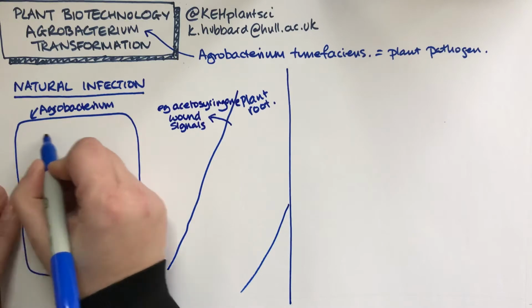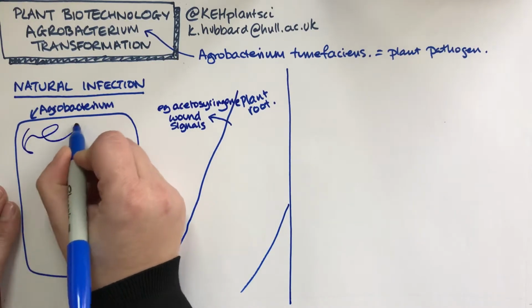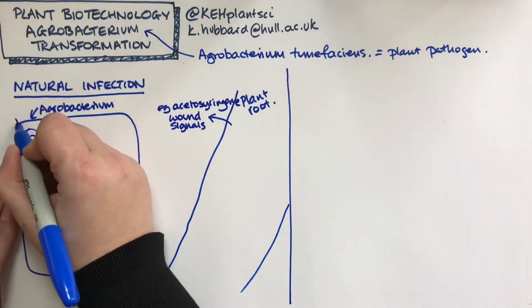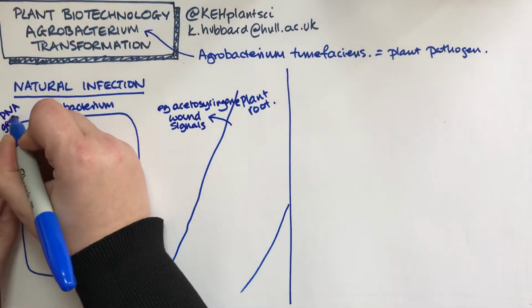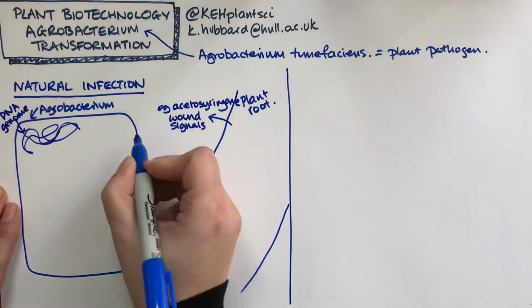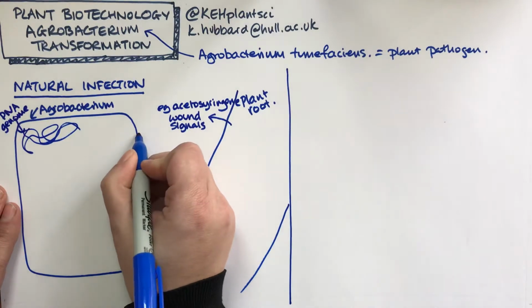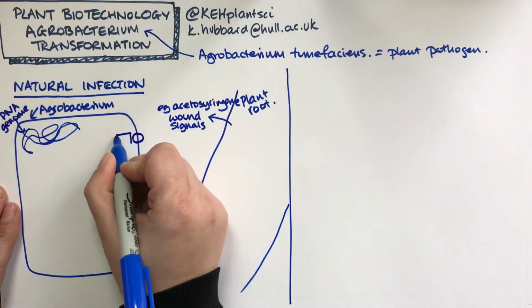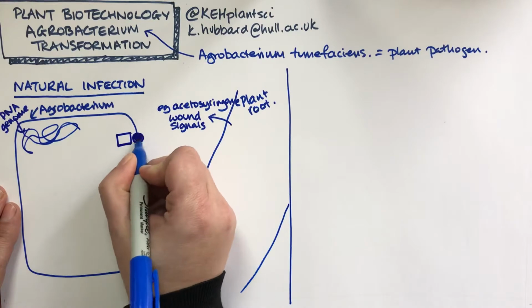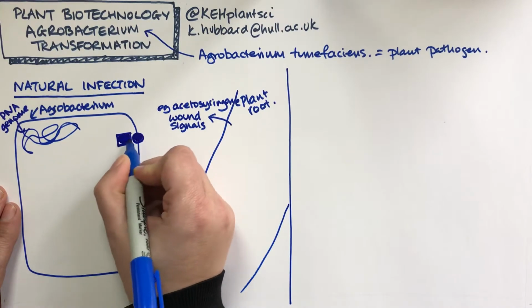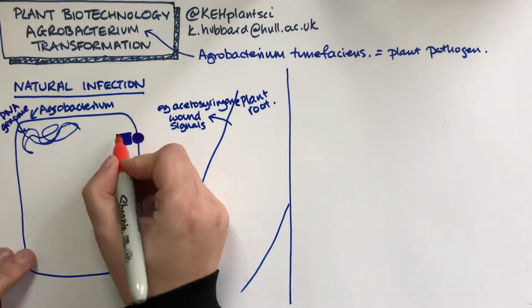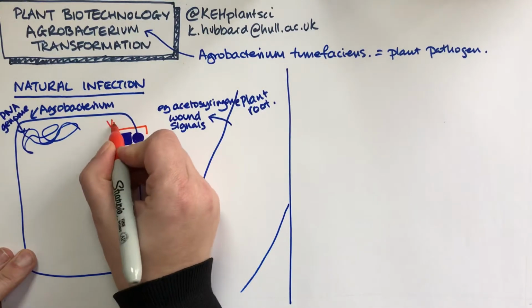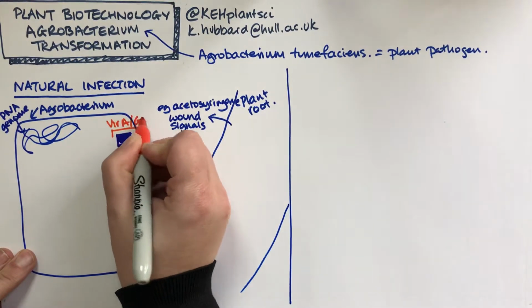So here's the bacterium. I'm just going to draw in its DNA genome. At its plasma membrane, it has a signalling system made up of two proteins, which are called Vir-A and Vir-G.